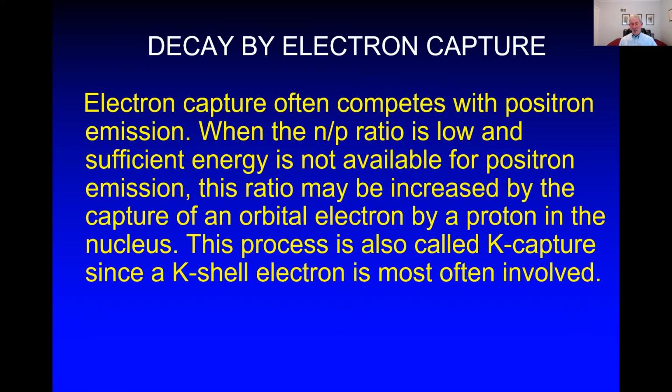Okay, the next one is electron capture. Electron capture, I'm surprised it doesn't occur more often than it does, because a nucleus typically has lots of protons in it, but the K-shell only has 2 electrons. So there's a disproportionate pull on the K-shell electrons by those protons in the nucleus. I'm surprised it doesn't happen a lot. But here's what happens.